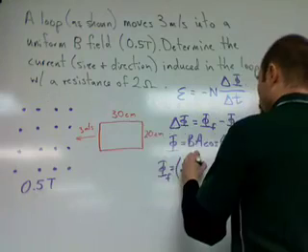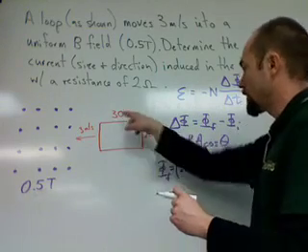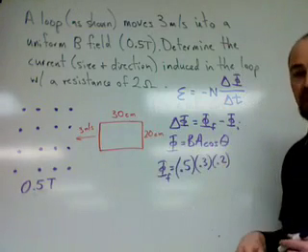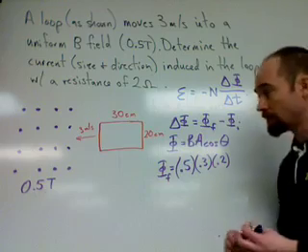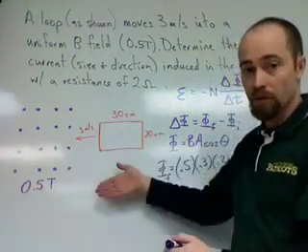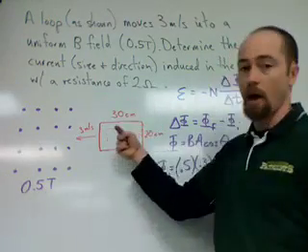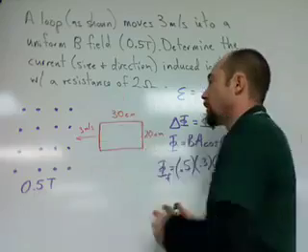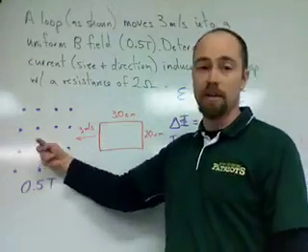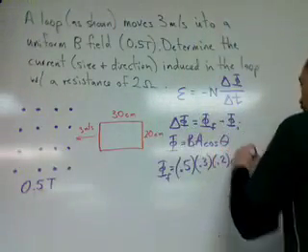Now my area is going to be 0.3 times 0.2, because we got to change that to meters. And then the angle between them is going to be 0 degrees because the direction of the area is always perpendicular to its surface. So if here's the surface, the direction is either pointing straight out of the board or straight into the board, which if I decide it's going straight out, that's exactly the same direction as my magnetic field, so cosine of 0 degrees.